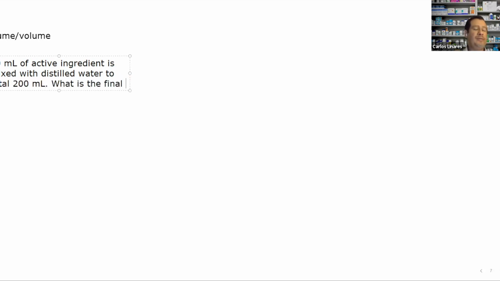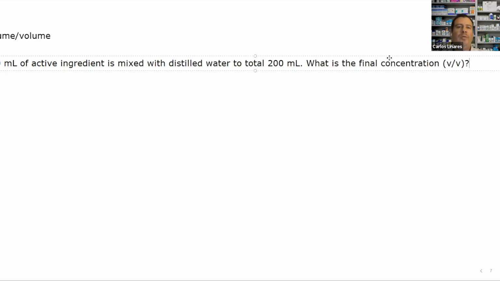What is the final concentration, volume per volume? In this case, it does say to mix, so we have to watch out for these keywords. Even though it says the active ingredient is mixed with the distilled water, once it's already mixed, it's going to total 200.